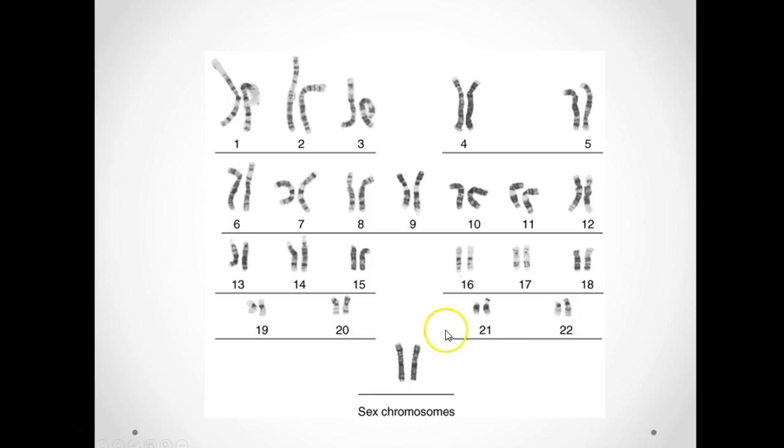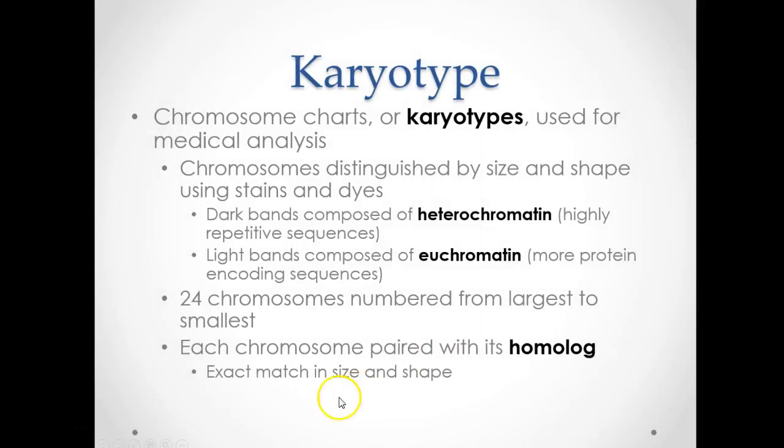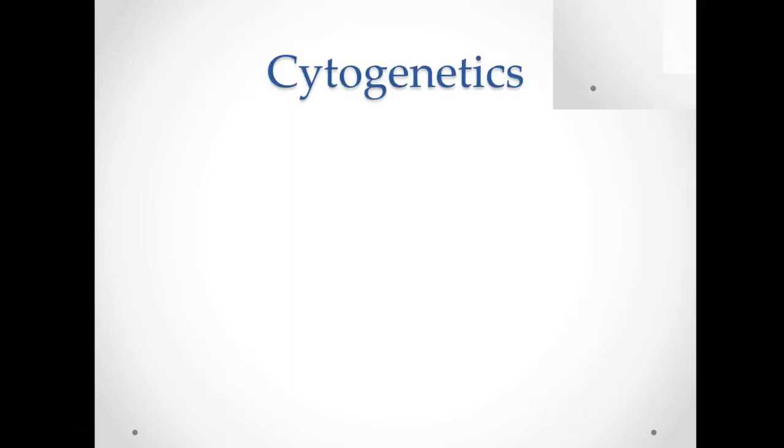And this individual we know is a female because she happens to have 2 X chromosomes. And I just realized, I apologize, on the previous page here, it says 24 chromosomes. That should be 23 chromosomes, not 24. So please ignore that mistake.